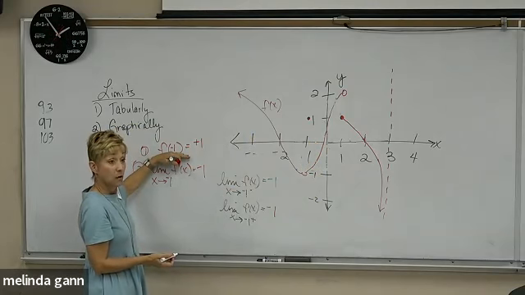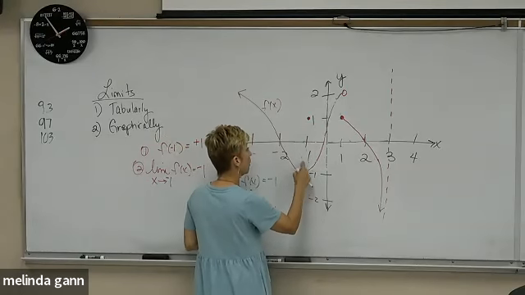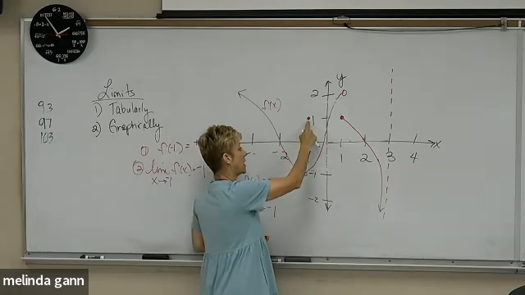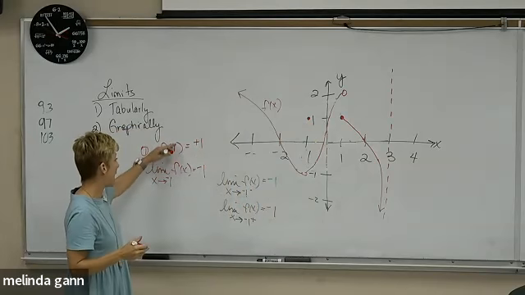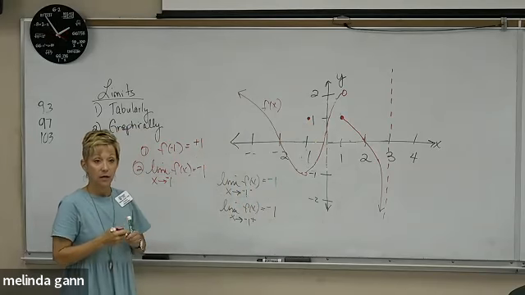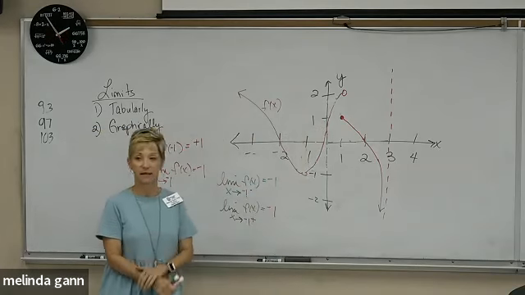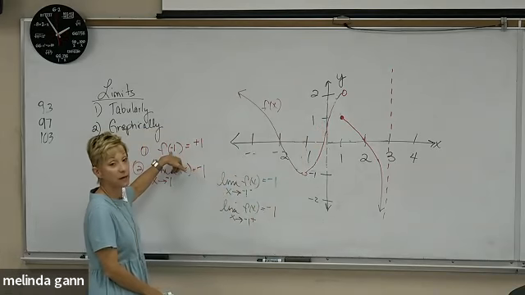Everybody with me? Why? Because when you're right at 0, there's a hole there, but there's a point up here. So what's the y part of that point? So do these things have to match? No. What if this point was missing? What if that wasn't there? If that point wasn't there, what would this answer be on number 1?